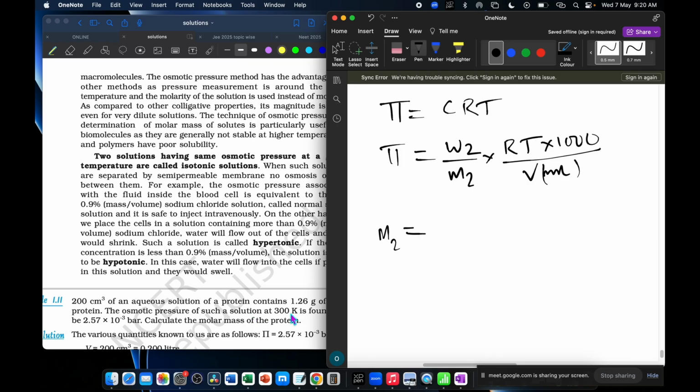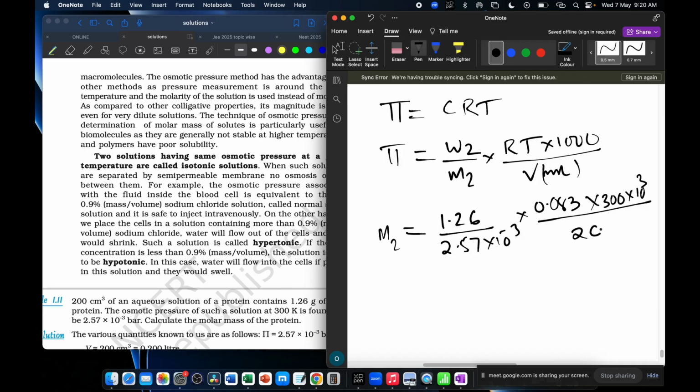W2 is given to us as 1.26 grams, and the pi value is given as 2.57 into 10 power minus 3. R value should be taken in bars, so in bar it is 0.083 bar. The temperature is given as 300 kelvin, into 10 power 3, that is 1000, by how many milliliters?